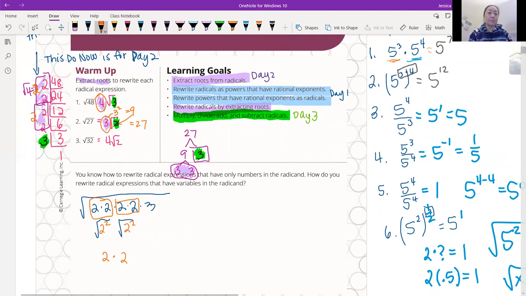And then this is square root of 3. Notice that it's inside the square root, and it can't come out because it's not a perfect square. Because if I ask you what's the square root of 3, you'd say 1 point something, and I'd say yes, correct, right? So it's not a perfect square, so it just stays in the square root. That's it. And so the other numbers are going to be 3 root 3, and square root of 32 is 4 root 2.